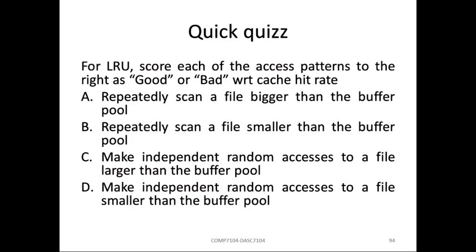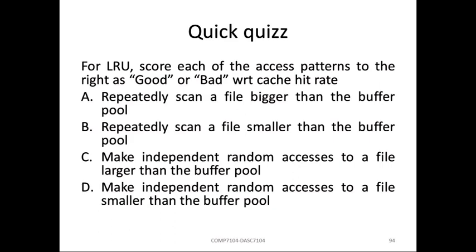Is it good or bad for repeated scans of a file smaller than the buffer pool? Good or bad for making independent random accesses to a file larger than the buffer pool, and good or bad for making random accesses to a file smaller than the buffer pool. What do you think? So basically you have to give me, in order, a list of good, bad values.